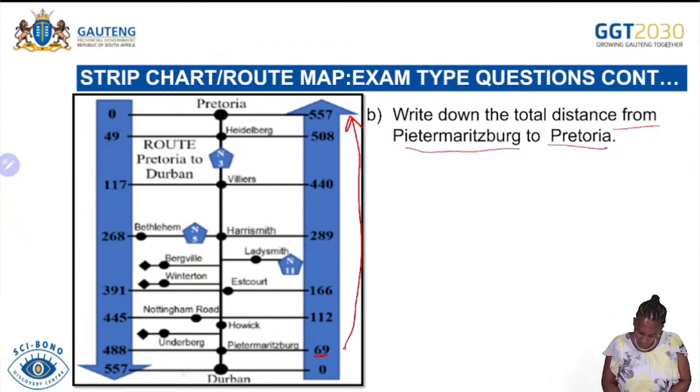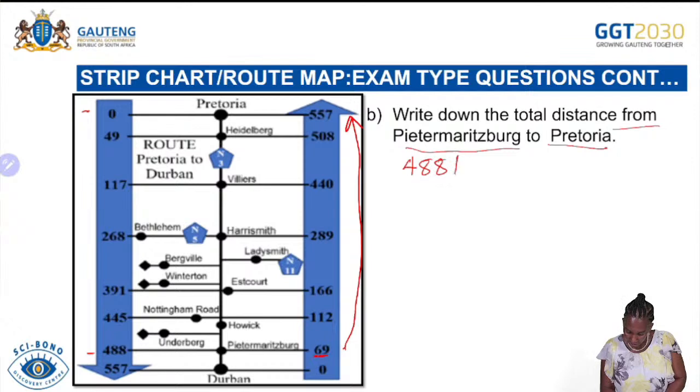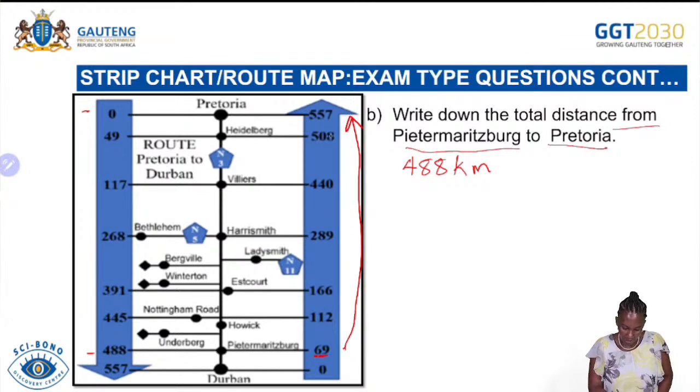You look at your strip chart, and from Pietermaritzburg to Pretoria the distance is 488 kilometers, because from Pretoria to Pietermaritzburg it's 488. So the same applies.